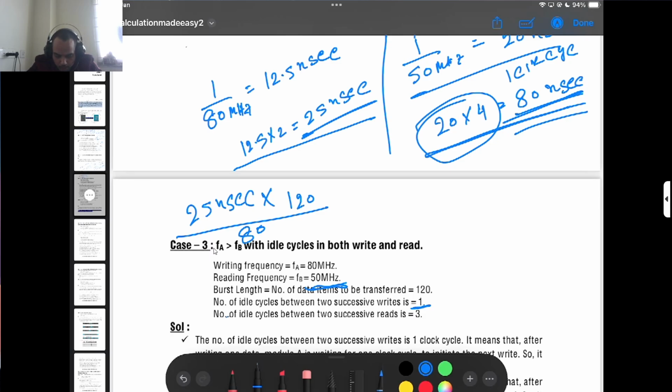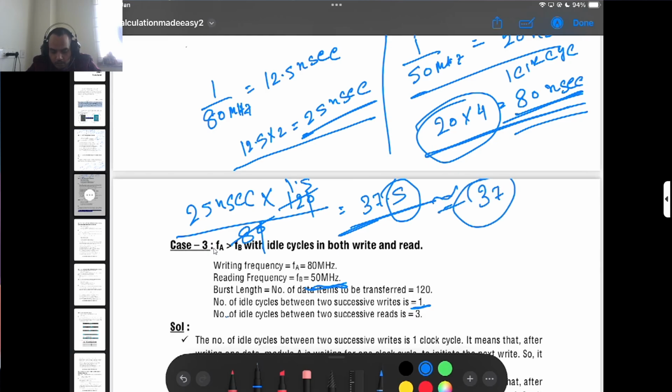So 80 divided by 25 will cut to 1.5, so 25 into 1.5 is 37.5. But the problem is that 0.5 can't be read, so only 37 data can be read.